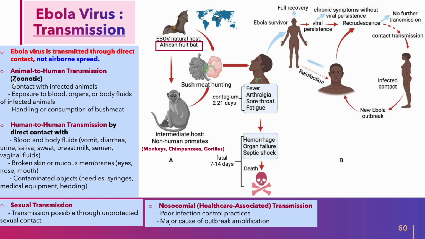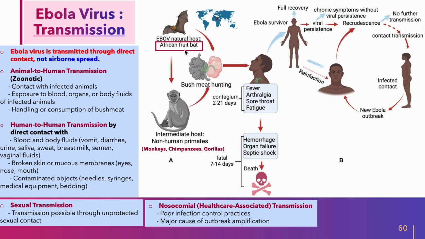Okay, so zoonotic transmission happens when animals like the African fruit bat, you know it's a fruit bat, so it eats fruits, right?